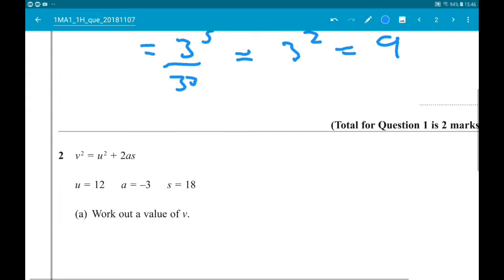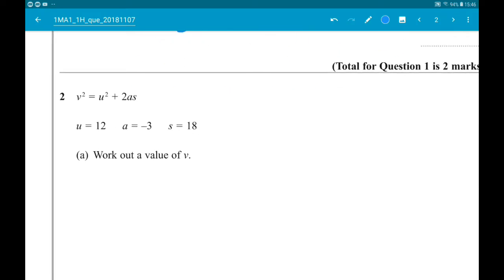Okay then, for number 2, v squared equals u squared add 2as. U is 12, a is minus 3, s is 18. We want to work out the value of v. Okay, so we want to substitute these values into u squared add 2as.